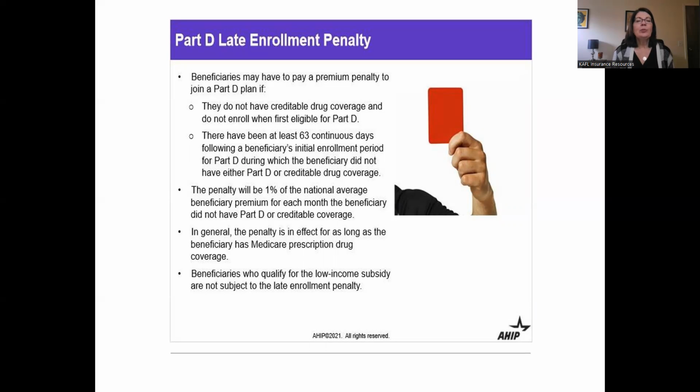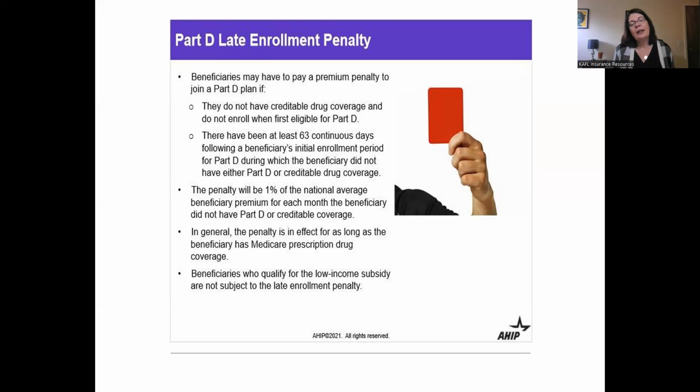And the penalty is 1% of the national average beneficiary premium for each month the beneficiary didn't have Part D or creditable coverage. I looked up that in 2022, the national average beneficiary premium is $33.37. So this penalty is 1% of that, so 33 cents a month.